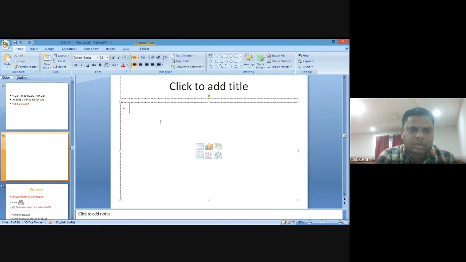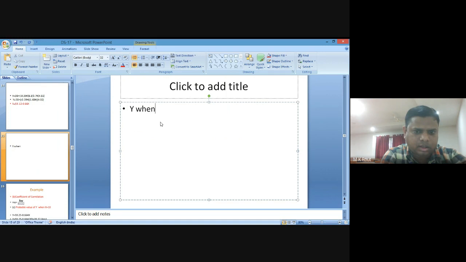So here we have drawn the equation for y when x is equal to 30, given in question number C. What is the equation we found in case of y on x? y equals 59.12 minus 0.66x.